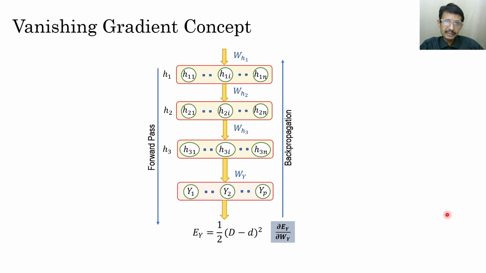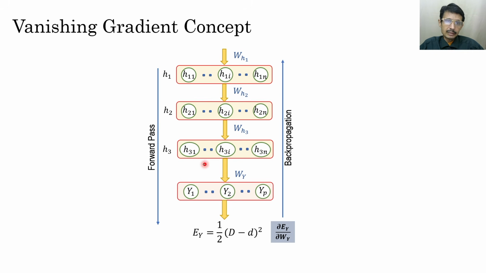So in the vanishing gradient issue, we do backpropagation to train a deeper neural network. Here we have taken a 4-layer neural net, just for our understanding of what is actually happening in backpropagation.